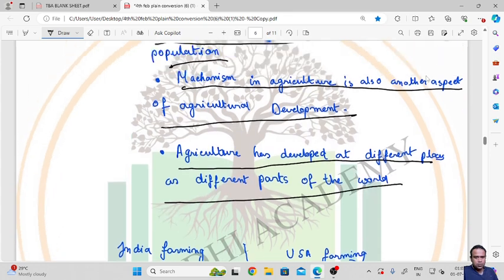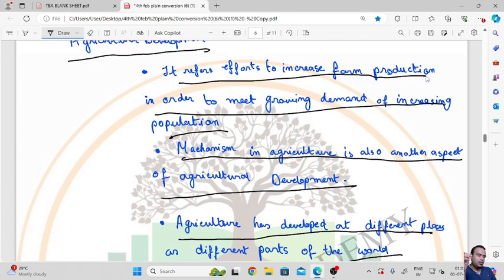Now we are going to know what is agricultural development, how does it look, and what is the difference between an agriculturally developed country and a not so developed country. Today we are going to know the case study of an Indian farmer and a farmer from USA, and we will spot out the clear distinction between these two sectors.